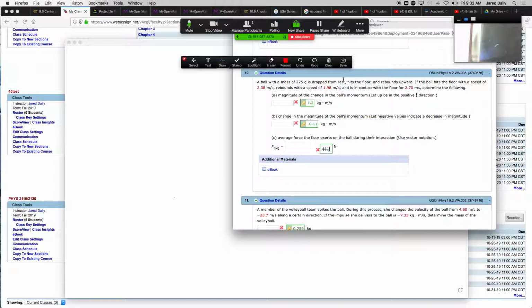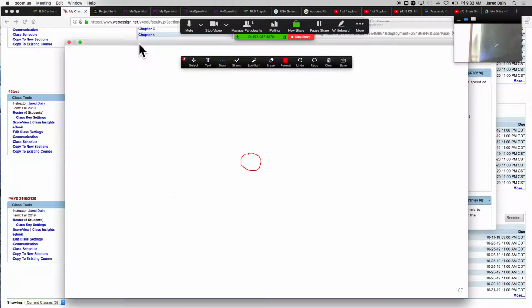So what is the difference between saying the magnitude of the change in the ball's momentum or the change in the magnitude of the ball's momentum? These are the same exact words, just a little rearranged, right? What this means is, for the first part, you have the ball coming down like this, and then the ball bouncing up again with this new velocity afterwards.